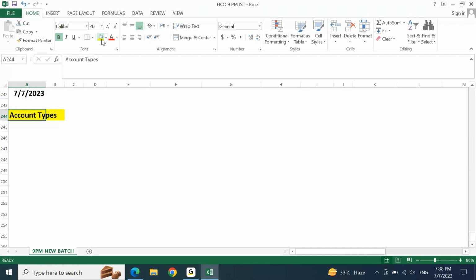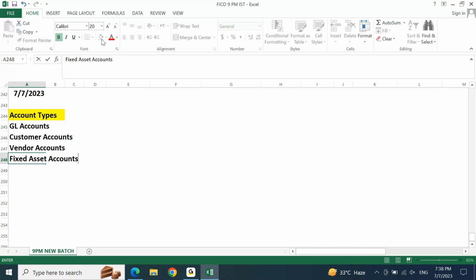Okay, so in general when I talk about account type, let me write something called GL accounts. Next thing I will write customer accounts. Next thing I will write vendor accounts. And next one, fixed asset accounts.